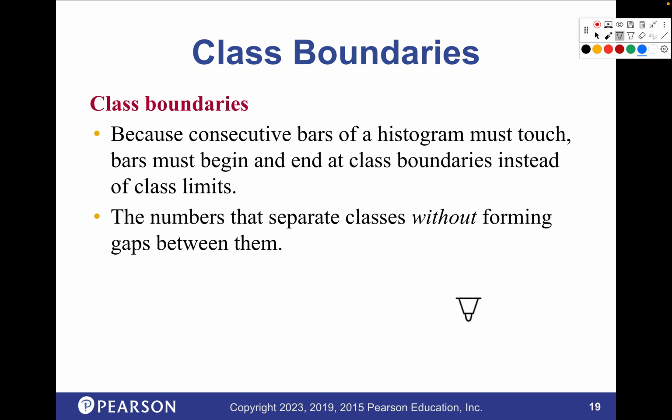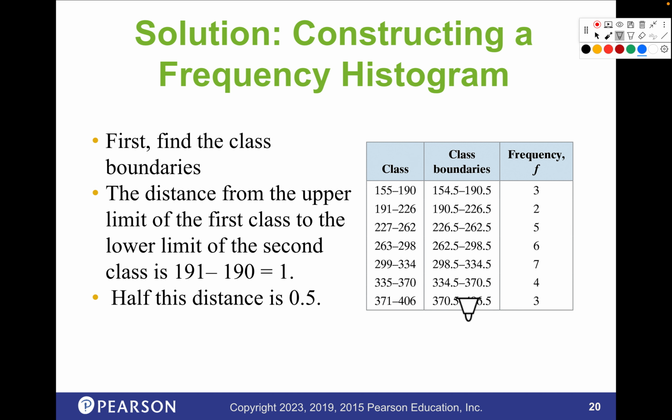We're not going to worry too much about this because the way we use these Excel sheets or the Google Sheets, it will take care of this for us. But just so you're aware, for a class that goes from 155 to 190, if you want the boundaries, you subtract a half from the bottom, you add a half to the top. That can give you your class boundaries.